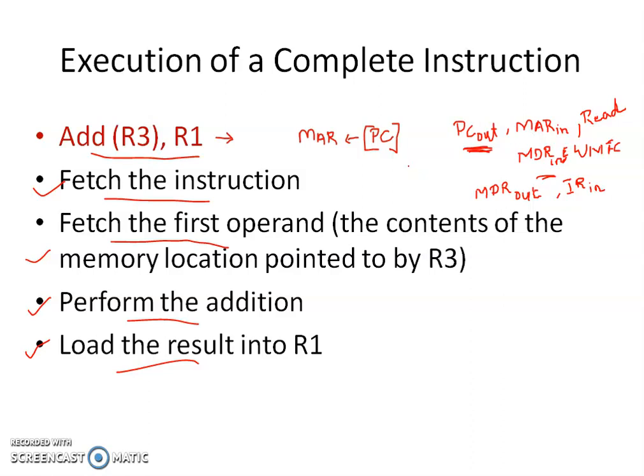So ALU operation will be taken. So in that ALU, you need to initiate the signal, select 4. Select 4, add.